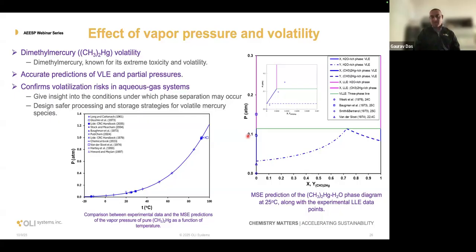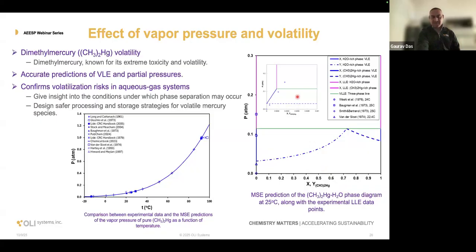These are organomercuric compounds. Dimethyl mercury has a huge volatility, and volatility is given by the vapor pressure. For dimethyl mercury, there is a lot of experimental data available as a function of temperature, which shows the increase of vapor pressure with the temperature, and the MSE model does a good job in representing the existing experimental data. However, for the mixed system, a mixture between dimethyl mercury and water, not so much data is available.